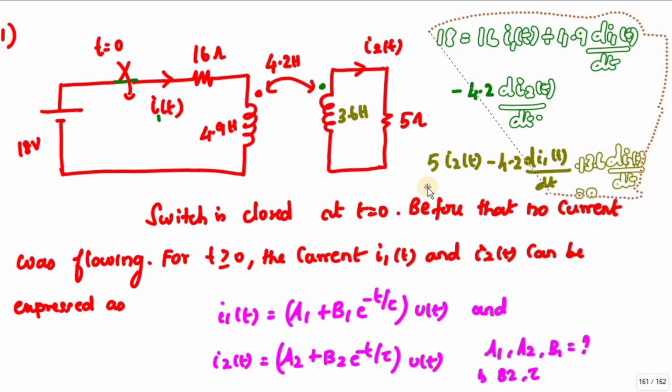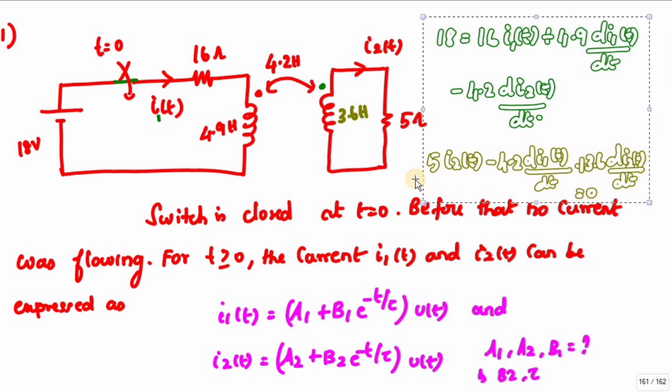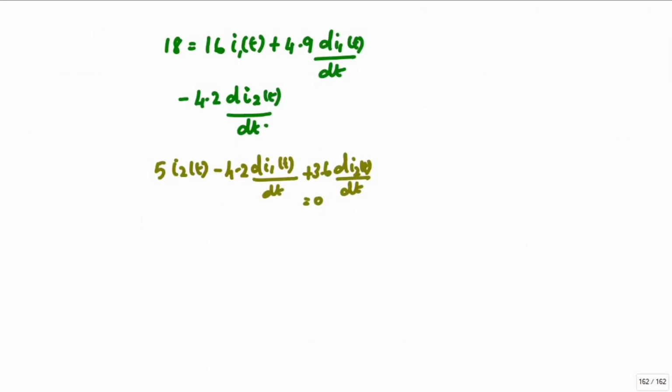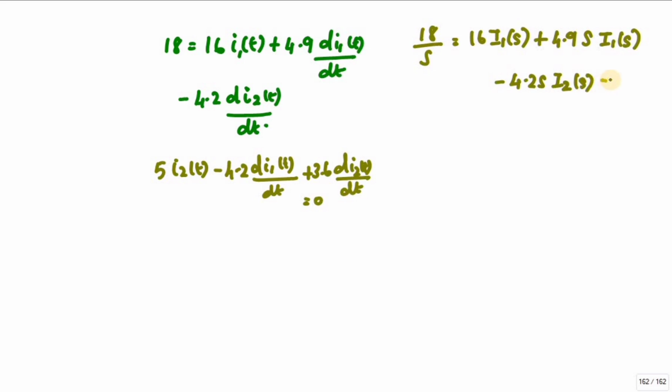Let me copy both equations and paste them on the next page. I rearrange the equations by taking the Laplace transform. 18 over s is equal to 16 I1 of s plus 4.9 s I1 of s, minus 4.2 s I2 of s.